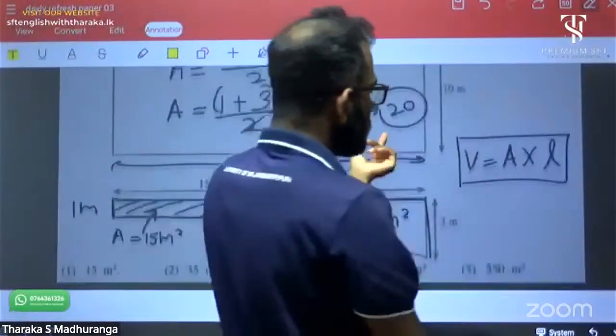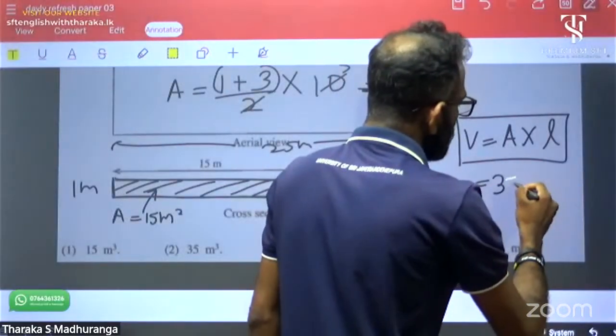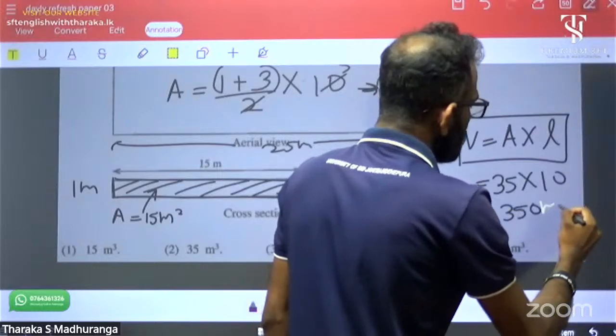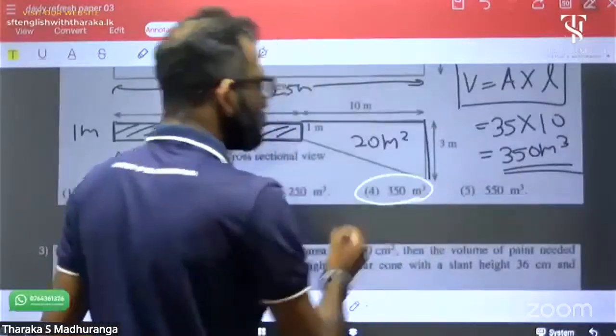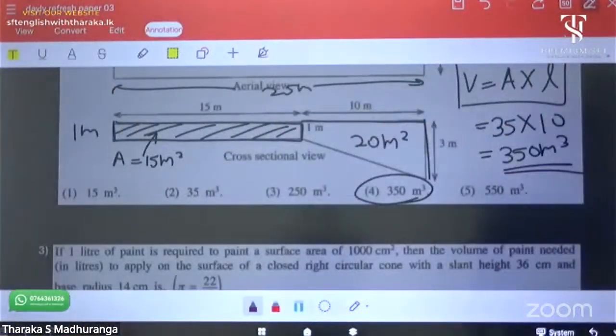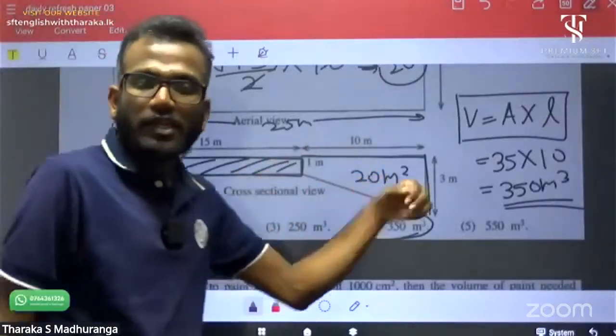Now how to calculate? 20 plus 15, 35 square meter multiplied by 10 gives 350 cubic meters. The answer is 350 cubic meters.